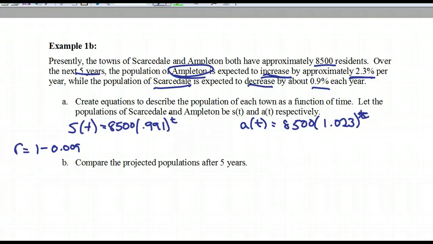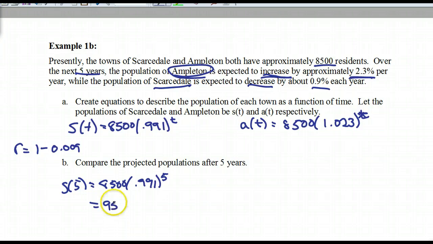So we're supposed to compare the two of these after 5 years. So S of 5 is 8,500 times 0.991 to the 5th power. And I got 9,523, double check though guys, 9,523.51.